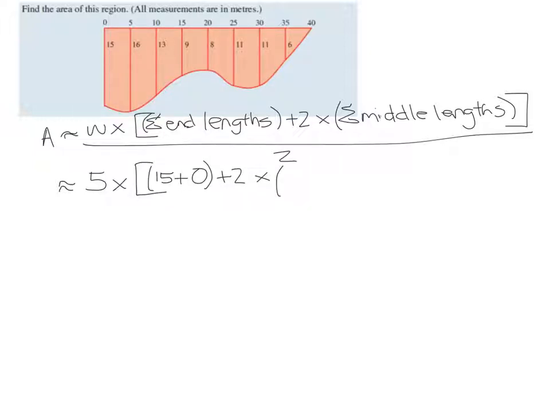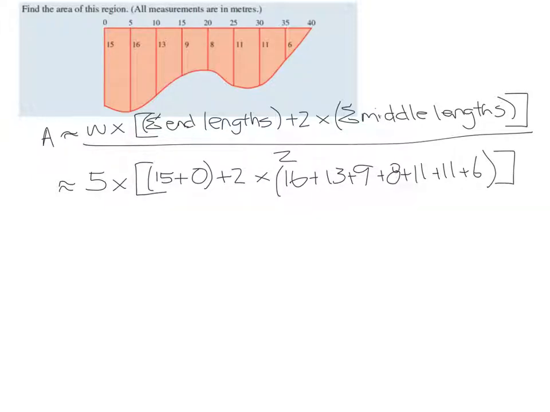Now if I look at all my middle lengths, I'm going to start, so 15 was the end, so 15 was the end here, so 16, all of these I've got to add in. So 15, sorry, 60, let's fix that. We've already got 15, it's an end. So 16 and 13 and 9 and 8 and 11 and 11 and 6.